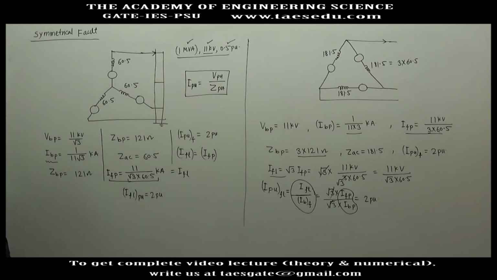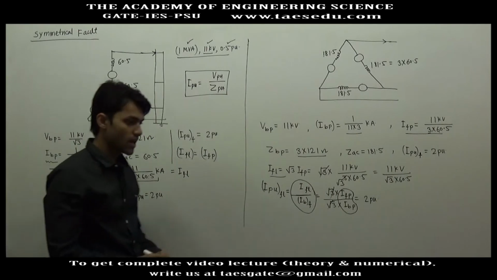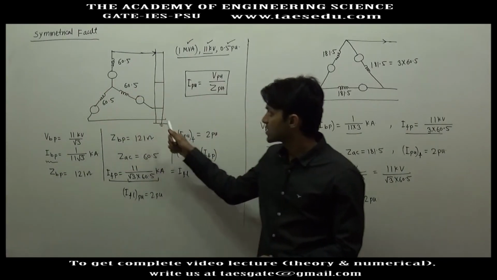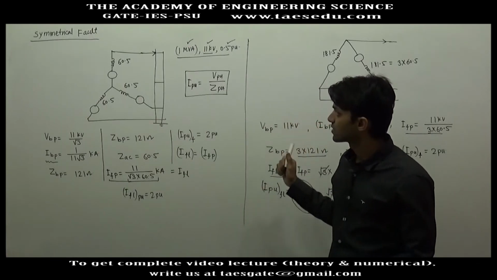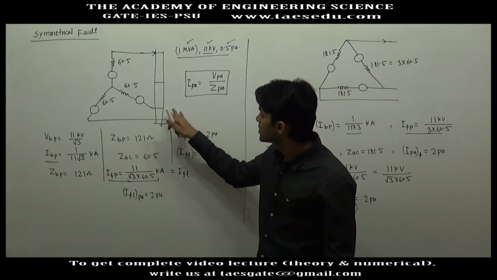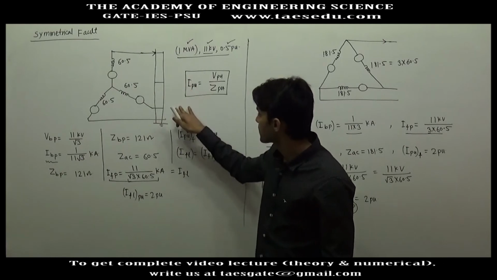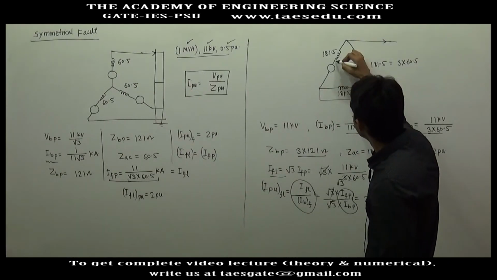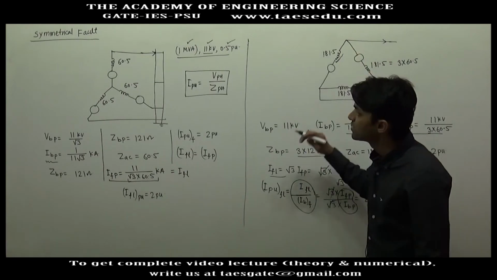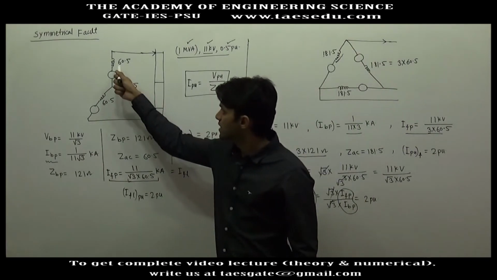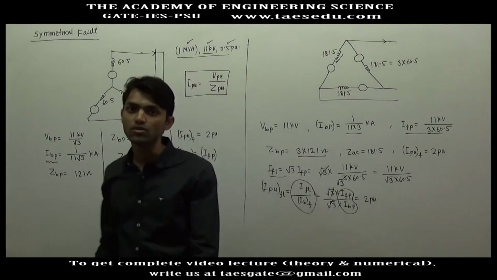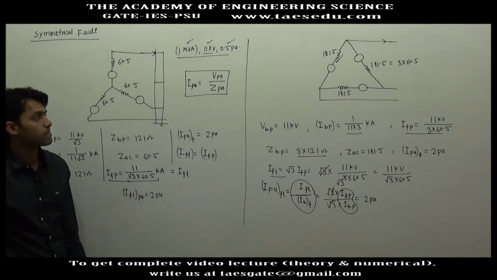So if you have to make identical generators, one in a star connection and the other in delta connection, you will keep the line voltages the same in both cases, but in case of delta connection the actual phase impedance has to be 3 times the actual phase impedance of the star connection. Then in that case the two generators will be identical.